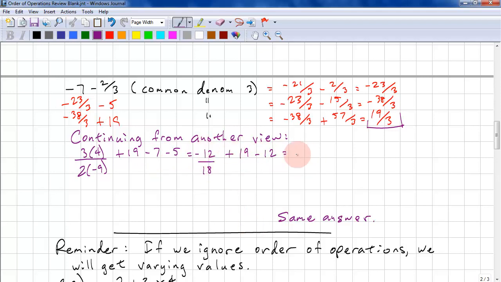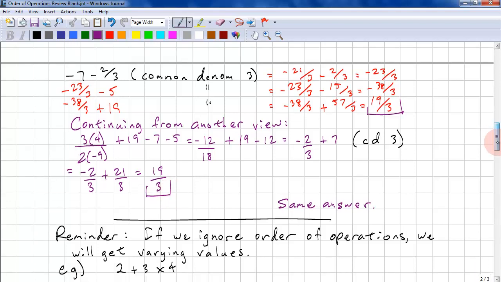This simplifies to minus 2 over 3. 19 minus 12 is positive 7. And again, we have a common denominator of 3. So minus 2 over 3 plus 21 over 3, that gives us 19 over 3. And that's the same answer.